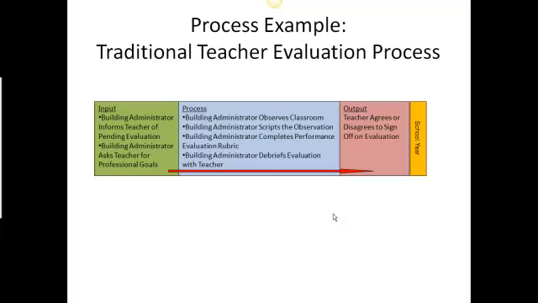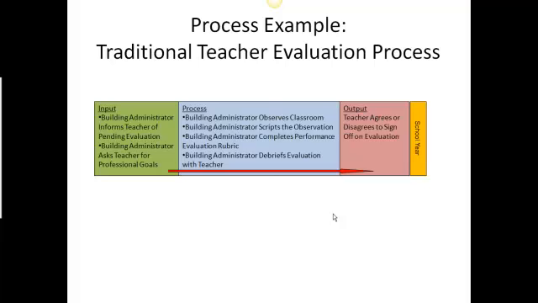First of all, the input. Let's say that you as a building administrator look at your list of teachers, and you see that you have some teachers that actually are required to be evaluated this year, either per your personnel policies in your district or perhaps state requirements, some of the AYP requirements that you might be looking at to understand if you have highly qualified teachers or not, for instance.